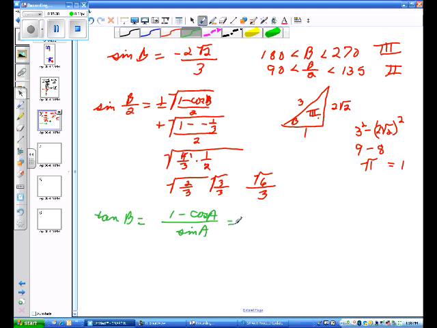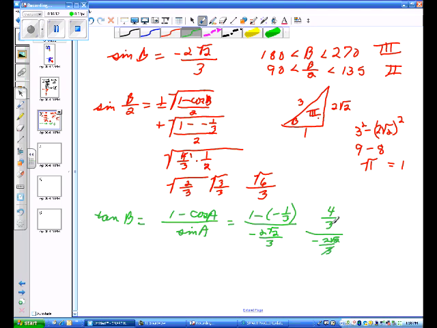So this is going to be 1 minus, okay, the cosine was negative 1/3 over the sine would be negative 2 square roots of 2 over 3. So let me get a common denominator up here, which is going to be 3. So this would be 3/3 plus 1/3. So that's going to be 4/3 over negative 2 square roots of 2 over 3.